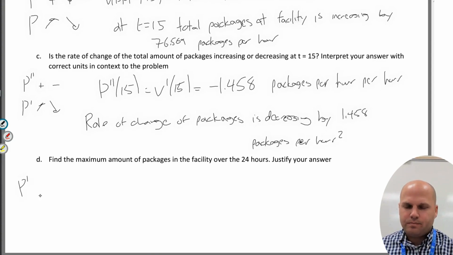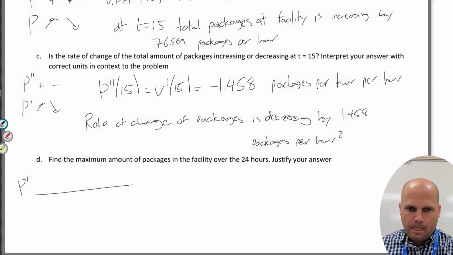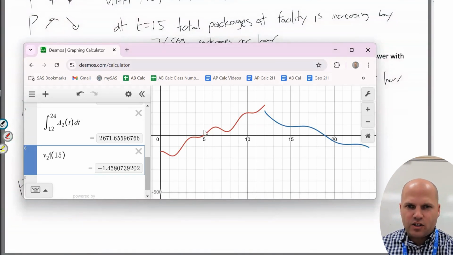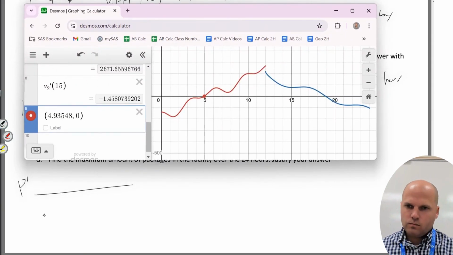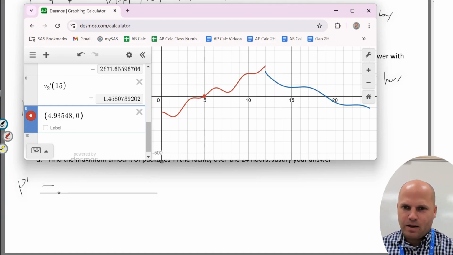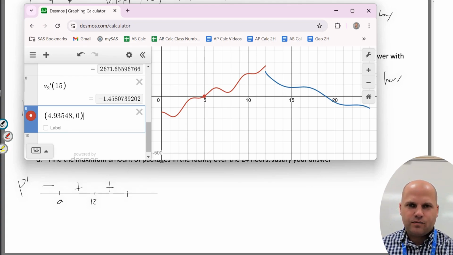Well, let's look at P prime. P prime is negative until this value. Let's write that down. I can see it's positive until this value.